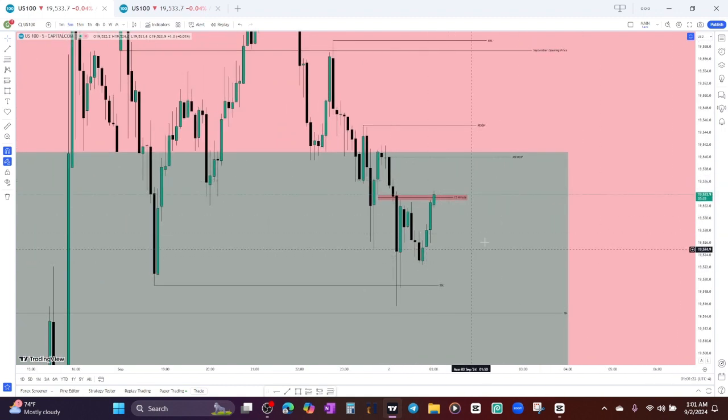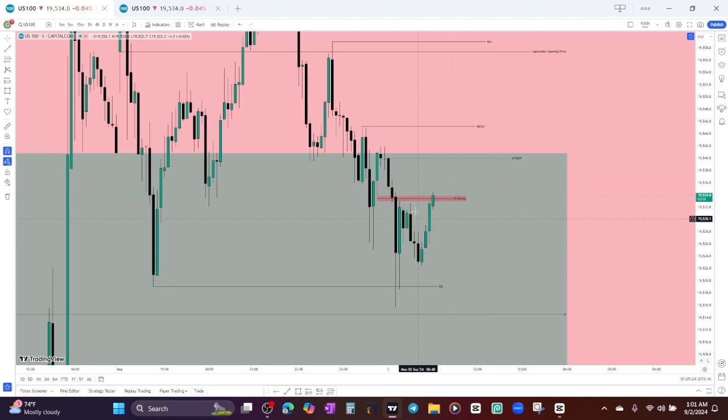Okay, so here we have a short-term high that we're currently potentially displacing through. So I could see a buy opportunity here. It would be ideal if we did close above.